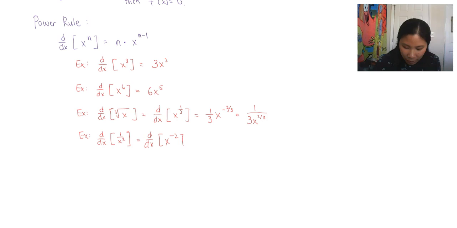This is the same thing as writing x to the -2 power. So now that I have it in exponent form, I can use the power rule, bring that exponent out front, and then subtract 1 from my exponent, so -3. Then I still have to rewrite this so I don't have negative exponents anymore.